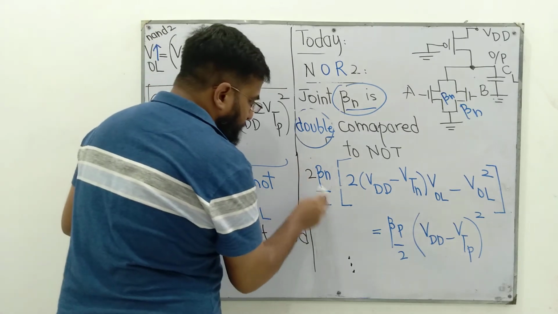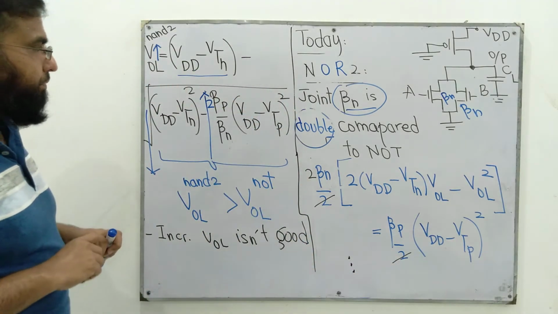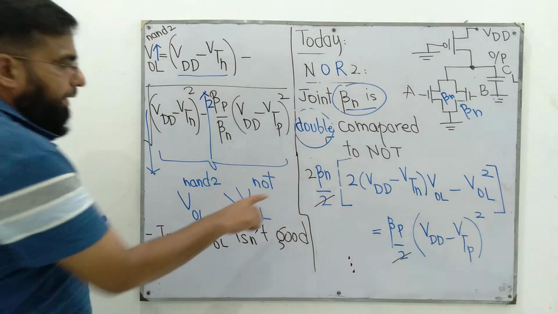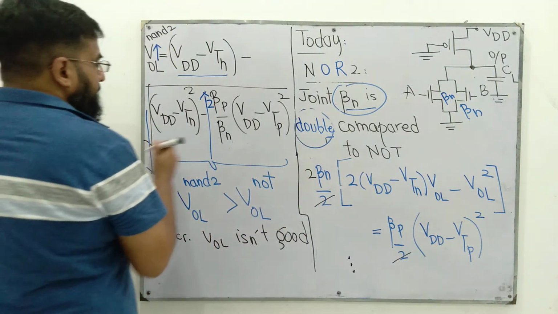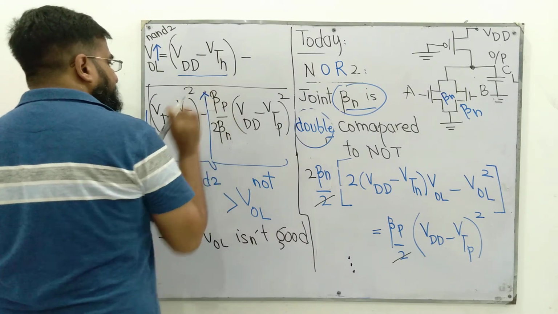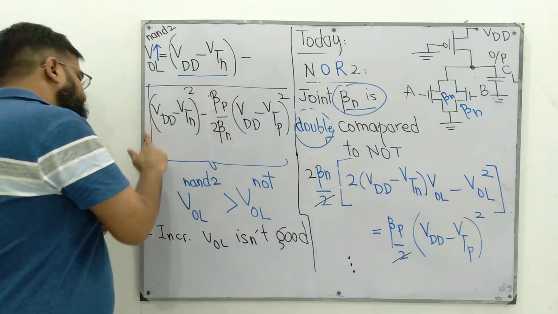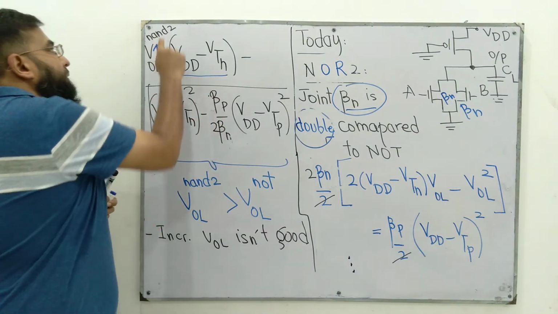So we'll not cancel this 2 with this 2, because we want to cancel this 2 with this 2. So this beta n is replaced with 2 beta n, and this 2 appears here.